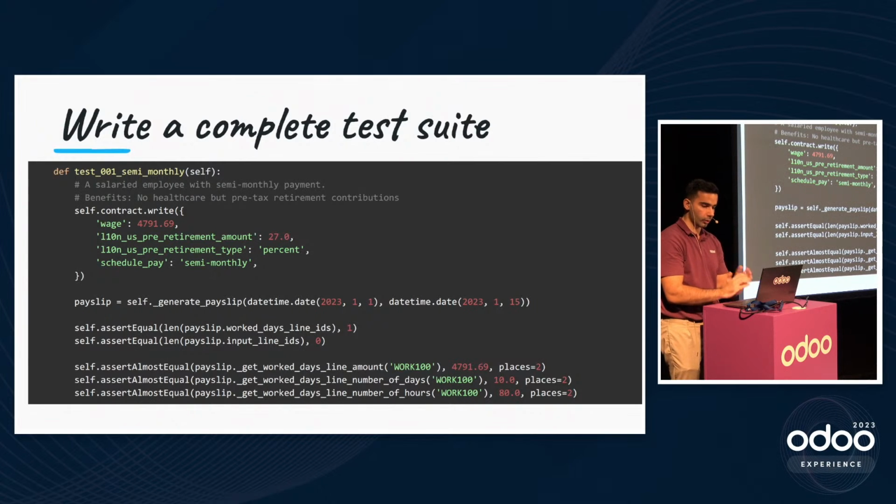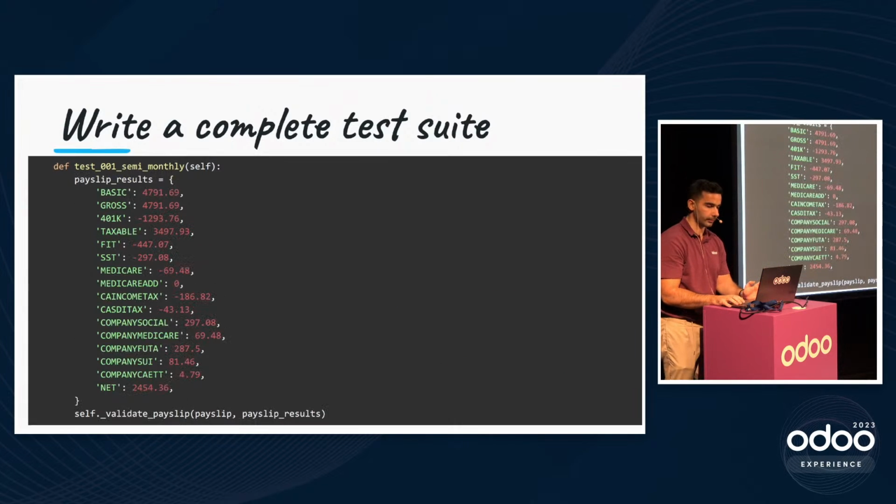No input, no additional input, nothing else. Then we check that the workdays line is correct, so that we have 10 days for 80 hours and a total equal to the amount that we just defined earlier. Then we define the result dictionary, and we call the validation method.